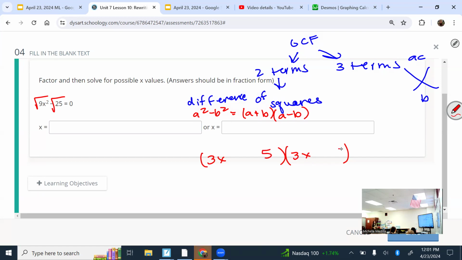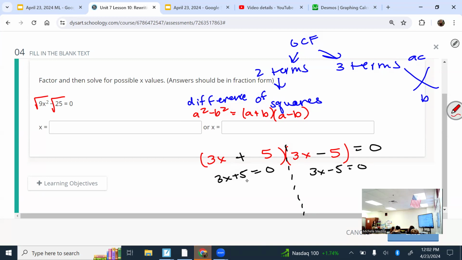The way this rule works is you have basically the same parentheses, but opposite signs, like this. Now, this isn't my solution, this is my factored form. My solution I get from setting each factor equal to 0 and solving. Okay, questions on that?